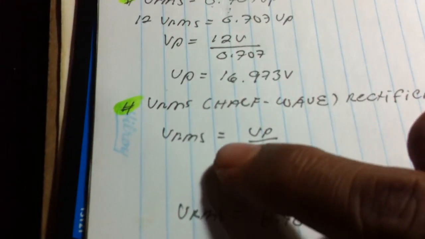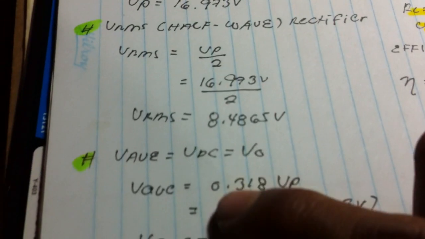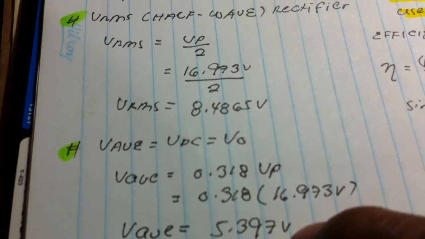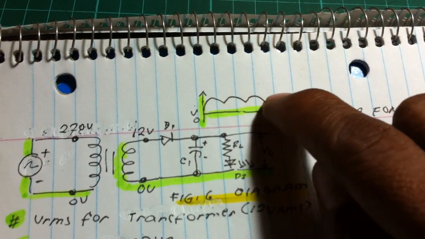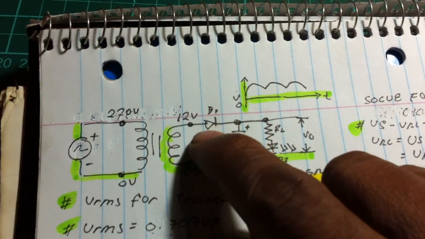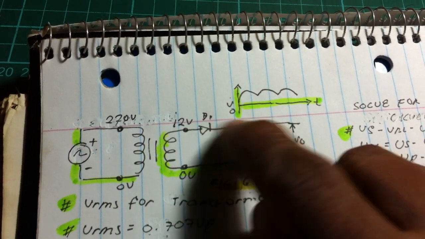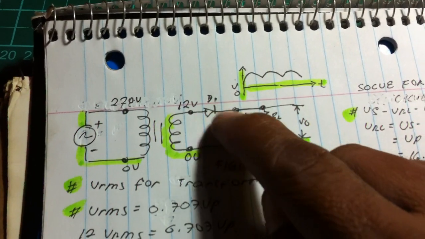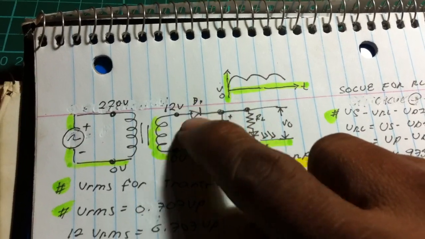So in this waveform, we got an AC voltage, 8.4865, and DC voltage, 5.397, in this pulsating direct current. So you have seen here, the purpose of the rectifier is to convert AC to DC, since during the rectification, now the current flows in one direction because of this rectifier.